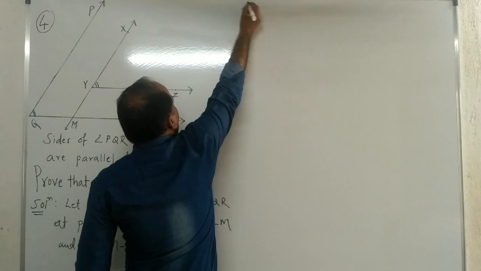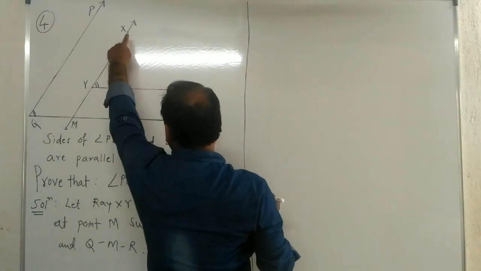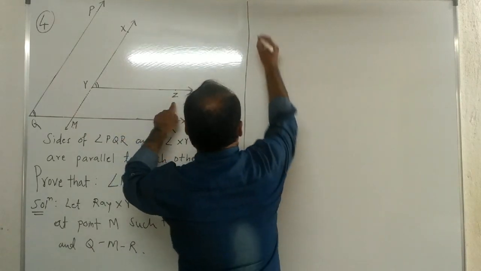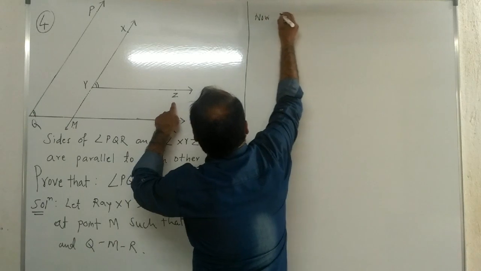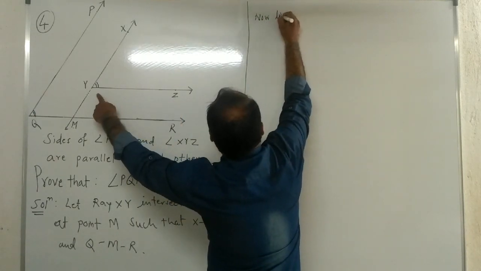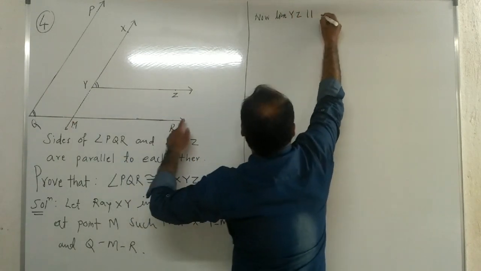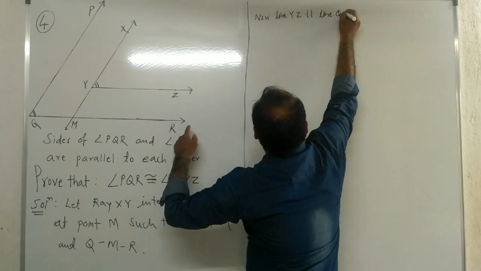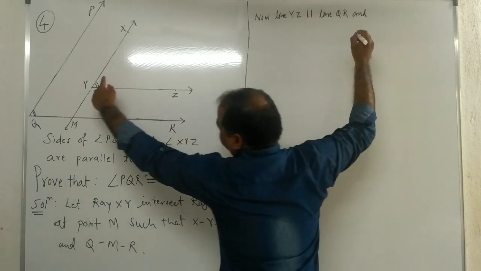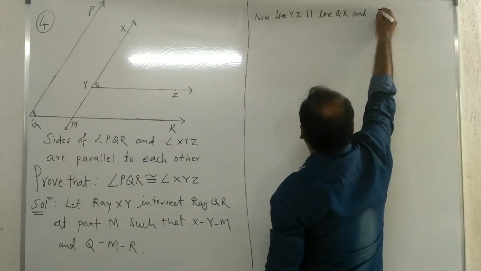Now let us consider here YZ. Now line YZ is parallel to line QR and XY is the transversal.